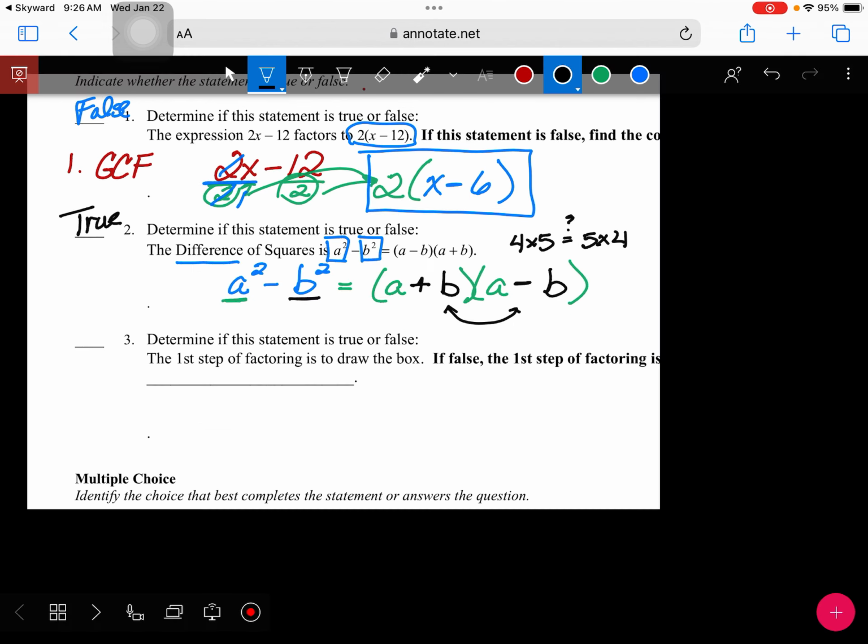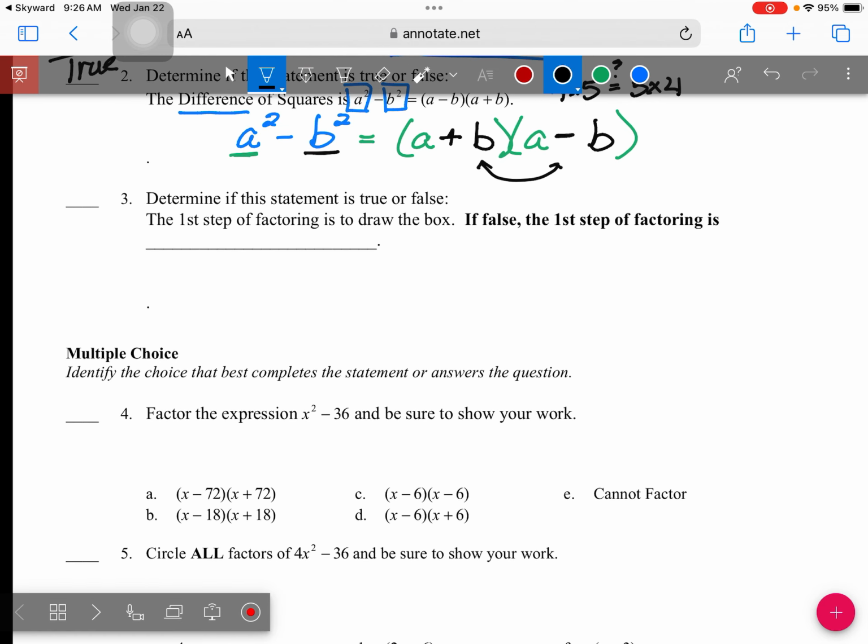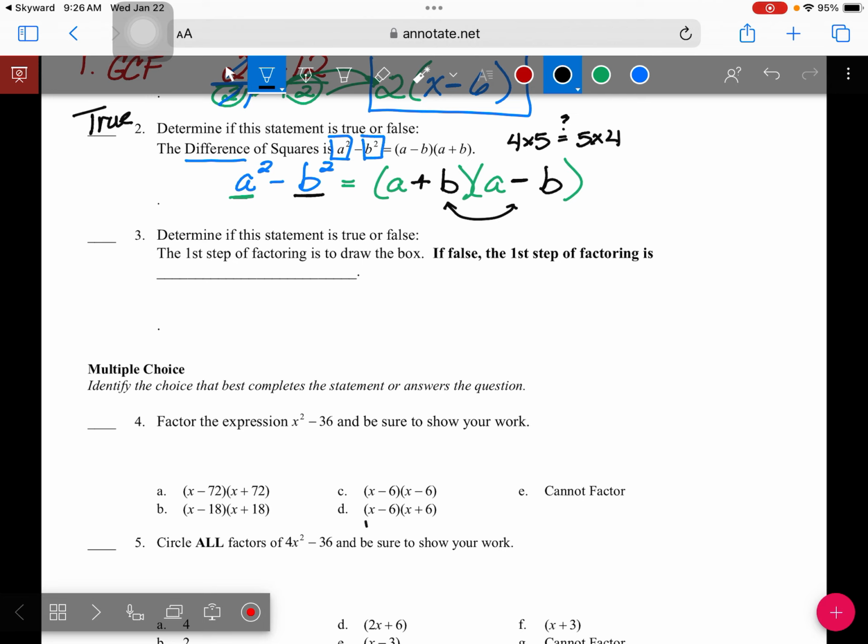All right, number 3, determine if this statement is true or false. The first step when it comes to factoring is to draw the box. Is that true or false? The very first step when it comes to factoring, do we draw the box? No. So that's a false.